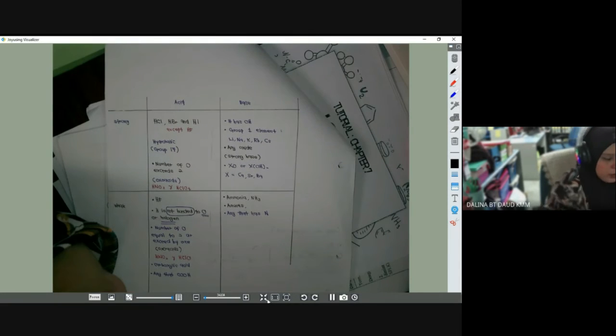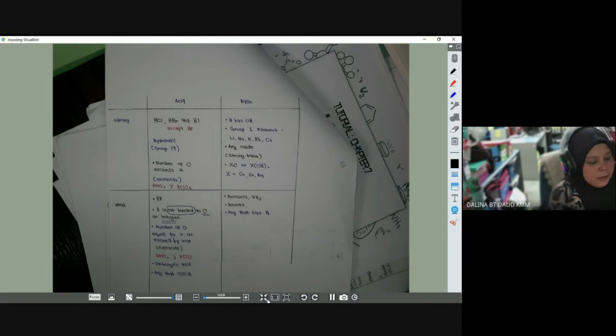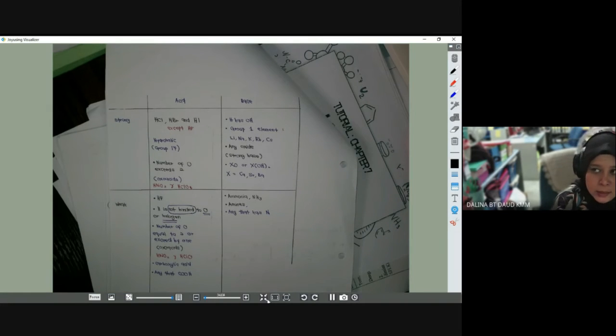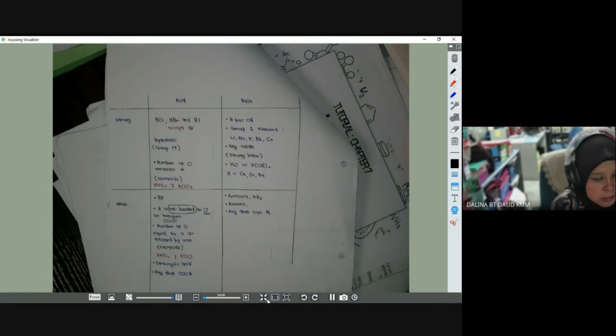Okay. So now we want to differentiate between acid and base, and strong and weak. Okay, so saya bentuk dalam bentuk table kat sini lebih mudah untuk faham. Acid kita ada dua jenis, strong and weak. Ini ciri-ciri dia lah, kita nak kenal.